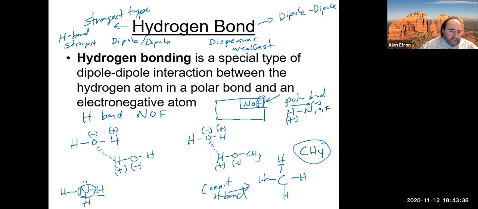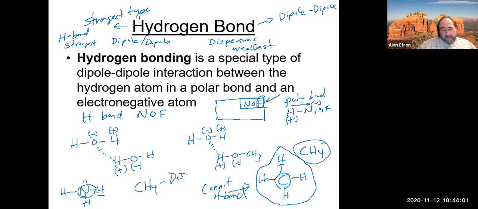First off, the hydrogens here are not connected to a nitrogen, oxygen, or fluorine. Secondly, this whole molecule is nonpolar, right? The carbon-hydrogen bond is nonpolar, so there's no separation of charge. There's no positive side or negative side. So this molecule cannot hydrogen bond. We would expect CH4 to use dispersion forces because of that.